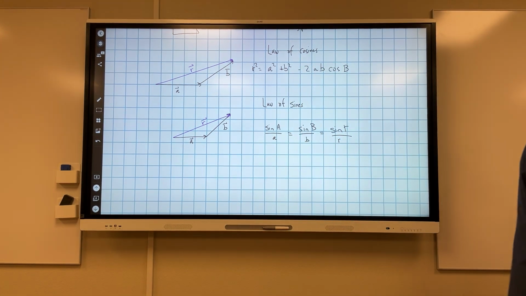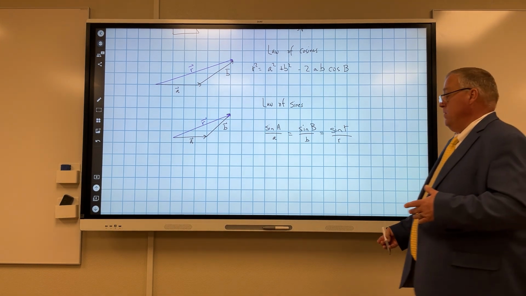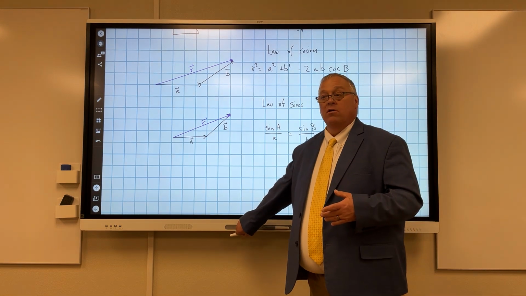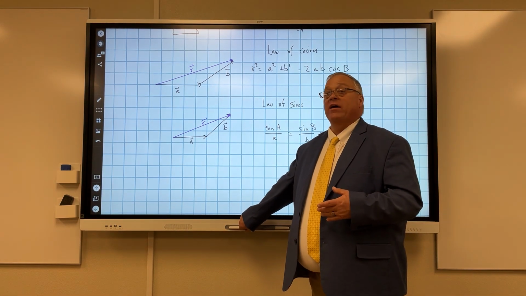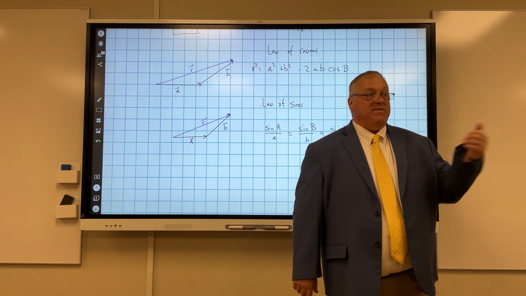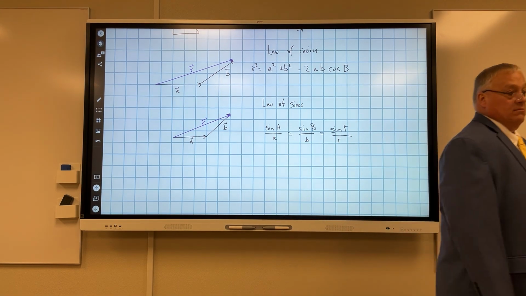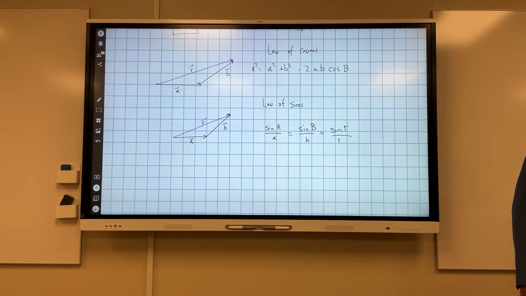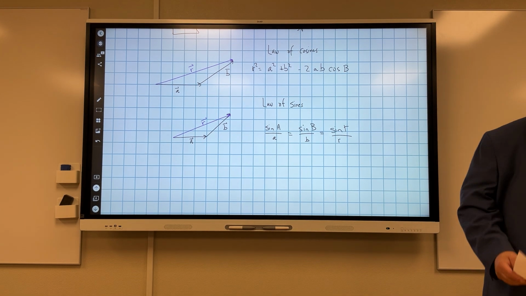The law of sines. So those 7 things can allow you to calculate things about your vectors. We should be able to add vectors together and find the direction and the magnitude. Agree? Okay, so we're through with our introduction on vectors. If you'll push the button there, that'd be great.